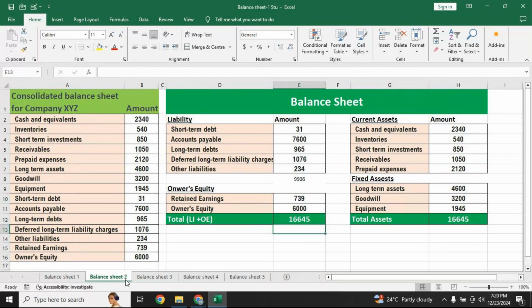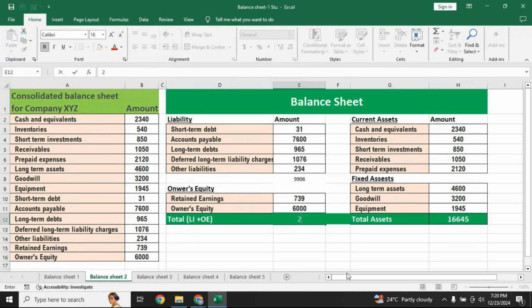Yes, ma'am. So here they have just given the line items. We are not doing any calculation. We have to put the line items in the appropriate place. Retained earning they have already given, 739. Retained earning comes under owner's equity. So along with owner's equity, I have done this calculation.